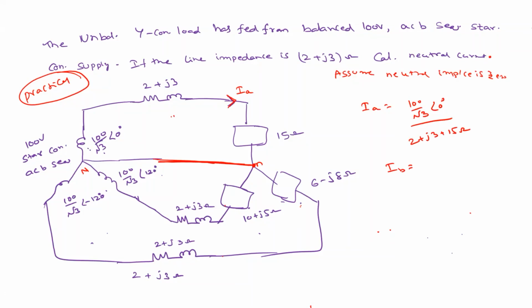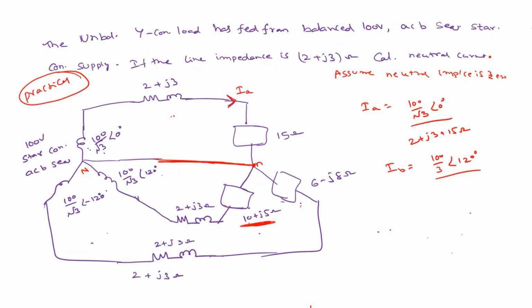IB is 100 by root 3 at an angle of minus 120 degrees divided by 2 plus J3 plus 6 minus J8, that is 8 minus J5.